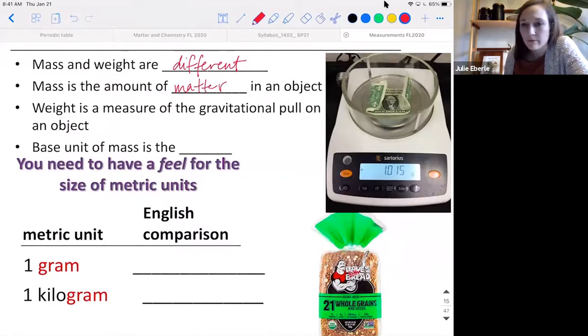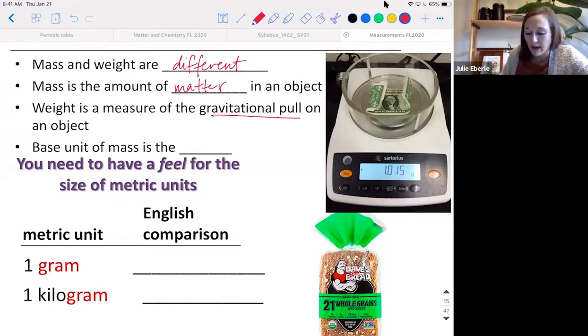Weight is a measure of gravity on something. So your weight may be different depending on whether you're on the moon or the earth. Anybody know how your weight would be different if you're standing on the moon? It'd be about 1/6 of your body weight on the earth. Yeah, somebody was gonna say it. 1/6. But your mass would be the same, because the amount of matter in you does not change, all right?